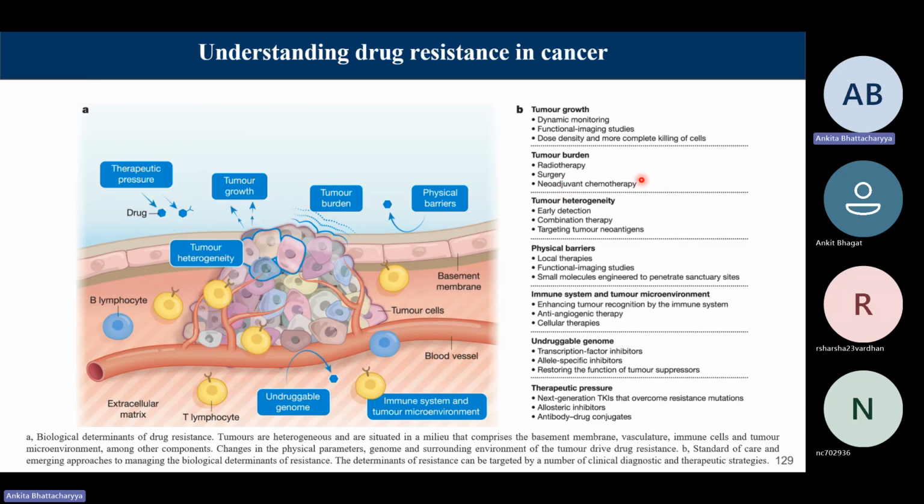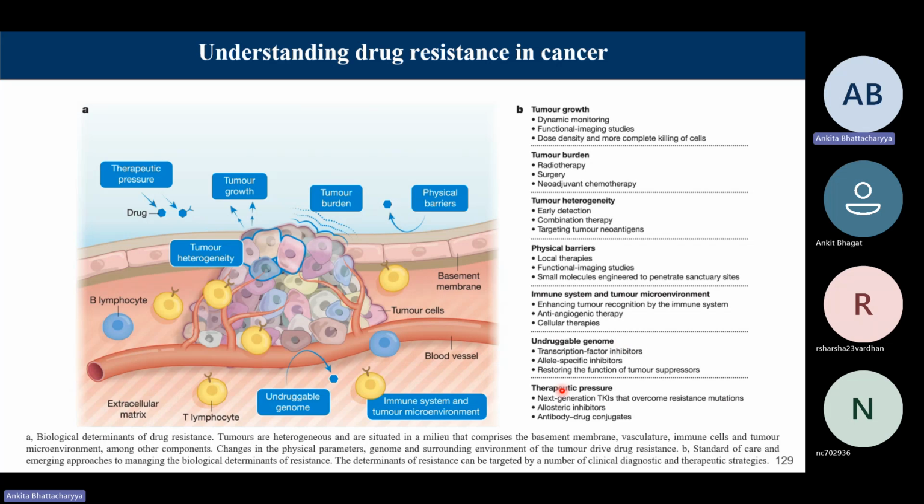Apart from that, tumor burden can be monitored by neoadjuvant chemotherapy, surgery, radiotherapy. Tumor heterogeneity can be tackled by early detection, by eventual combination therapy targeting tumor neoantigens. Physical barriers can be overcome by different methods, again, fMRI, etc. Just read about it. I think it's pretty much something we've already discussed.